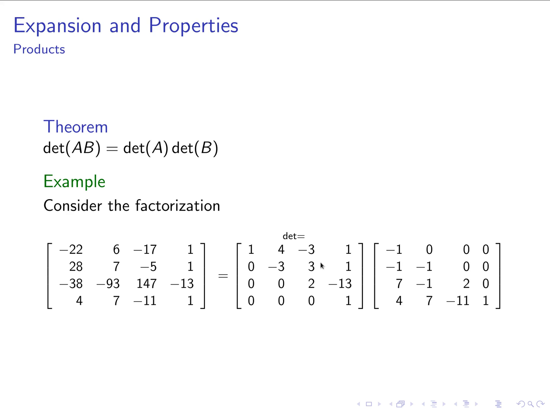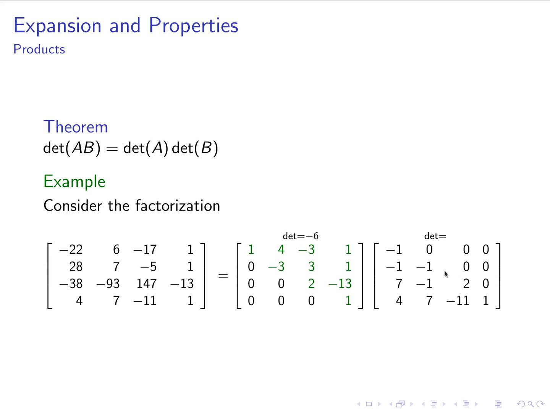So we can quickly calculate the determinant of this upper triangular matrix. Since this matrix is upper triangular, all we need to do is multiply the diagonal entries here. The determinant should be 1 times -3 times 2 times 1, which of course has product equal to -6.